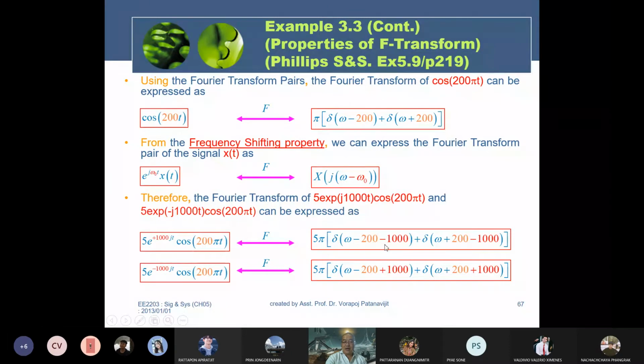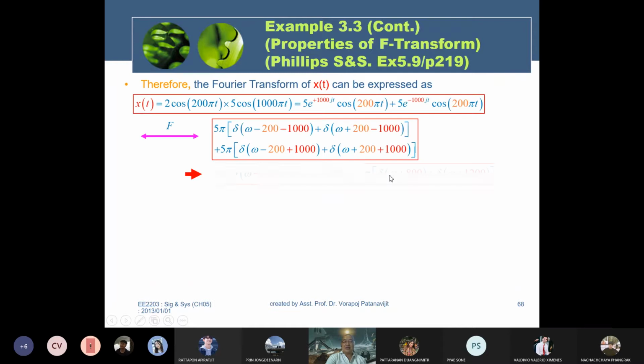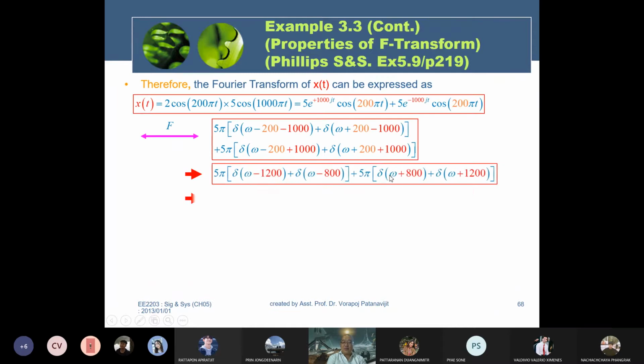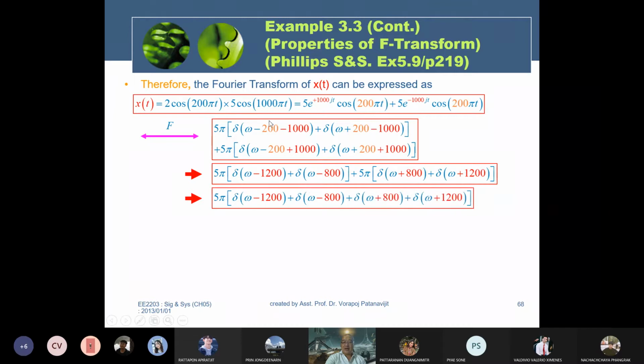You shift to the left and the right of that impulse by minus 1000 and plus 1000. The second term is the same. Therefore, in the final answer, it becomes four impulses shifted to the left and the right of the 1000 frequency.